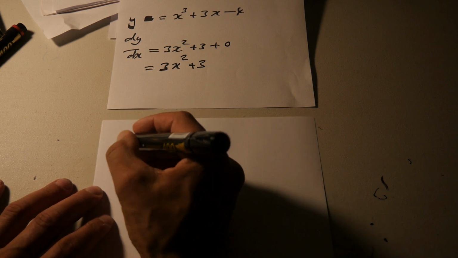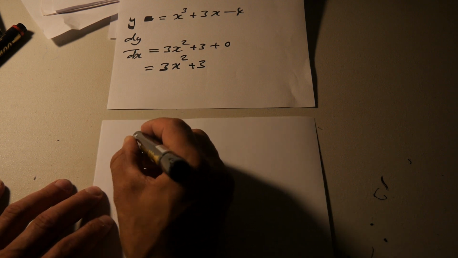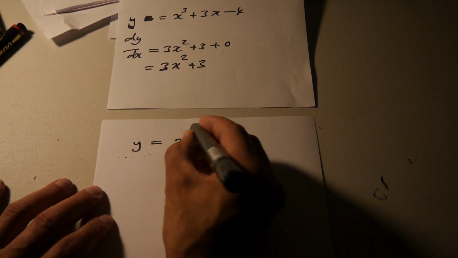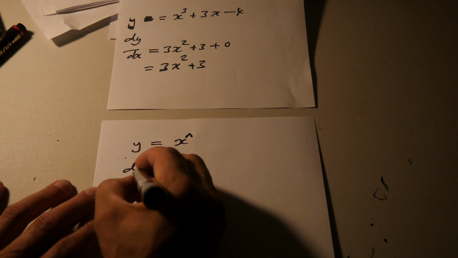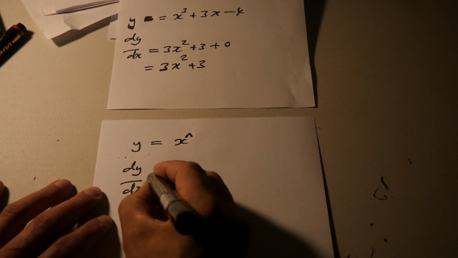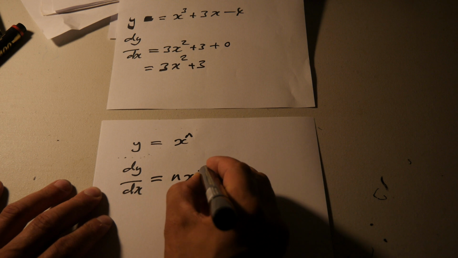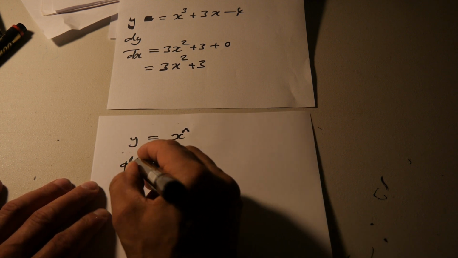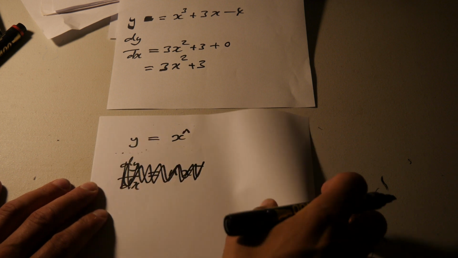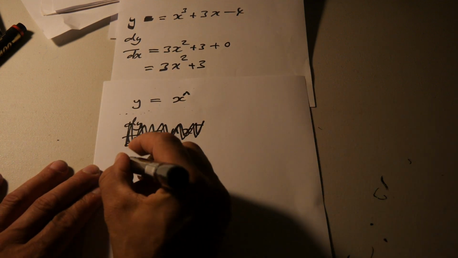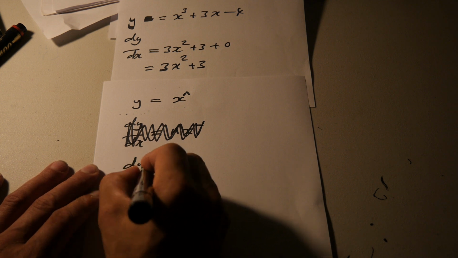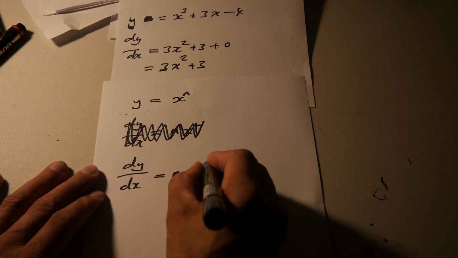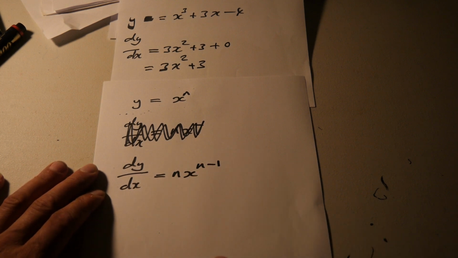So the general rule is this: if y equals x to the power n, dy by dx equals nx to the n minus 1. Okay, that's what I was doing before.